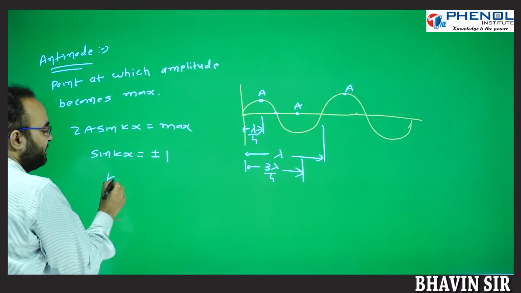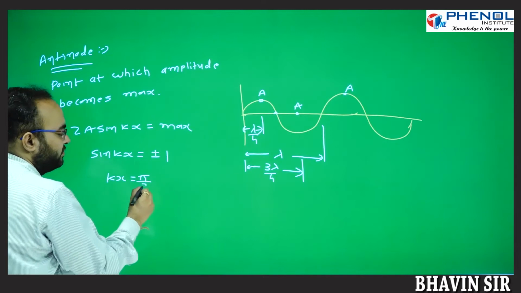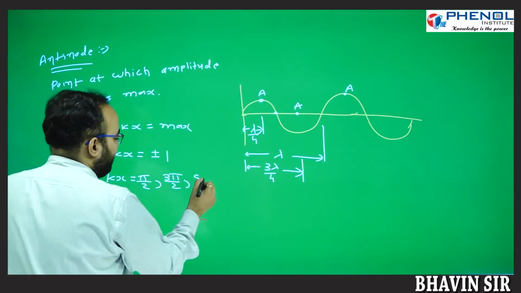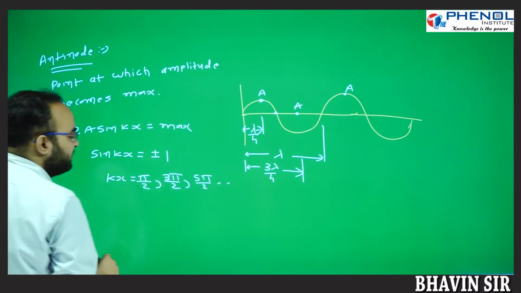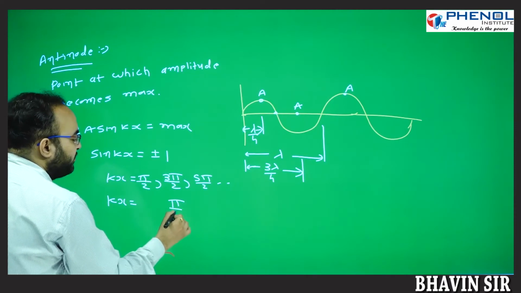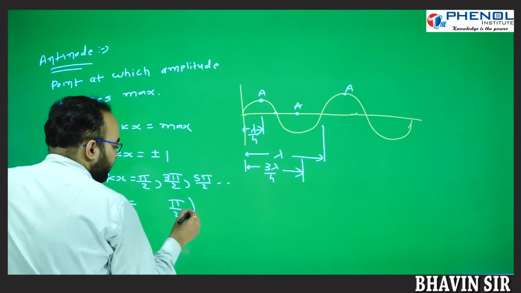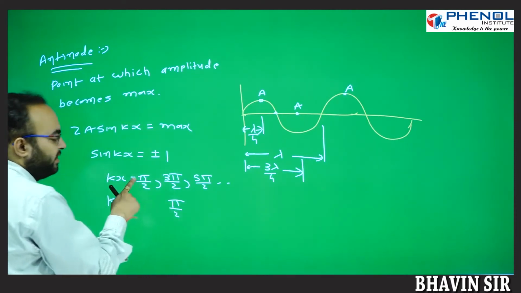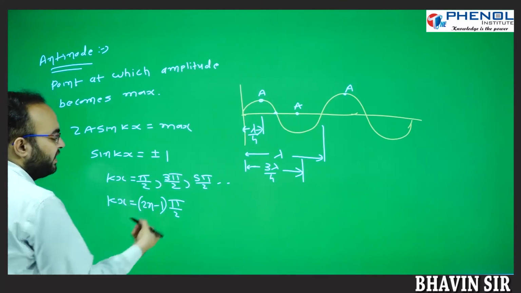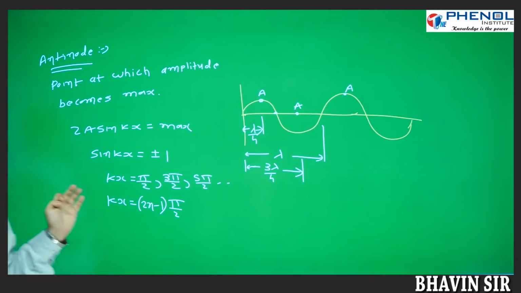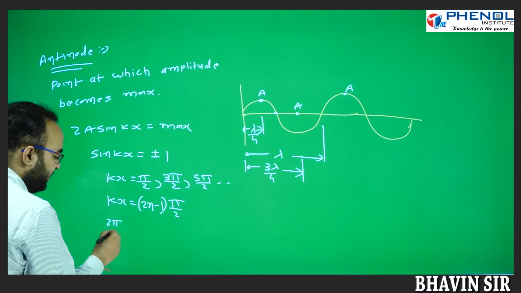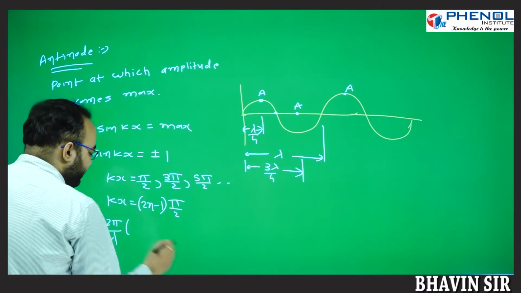And where sine is plus or minus 1: pi by 2 gives plus 1, 3 pi by 2 gives minus 1, 5 pi by 2 gives plus 1 again. So students, pi by 2 is common for all. Then 1, 3, 5, 7, odd numbers. So we write 2n minus 1. Why? Because of odd numbers. So what is k? 2 pi by lambda.